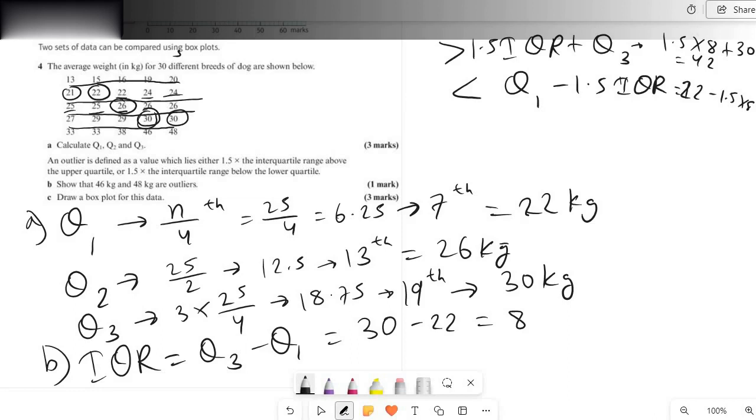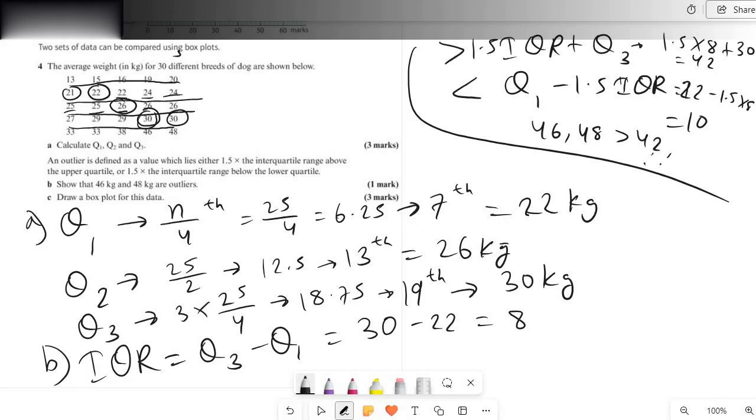And this gives us a value of 10. So anything that is less than 10 kg and anything that is greater than 42 kg is an outlier. As you can see, for part B, 46 and 48 both are greater than 42. Therefore, we can say that 46 and 48 are both outliers.